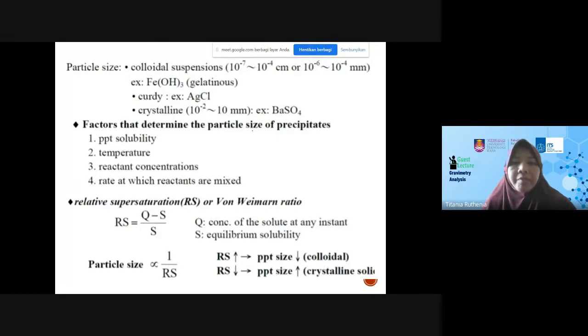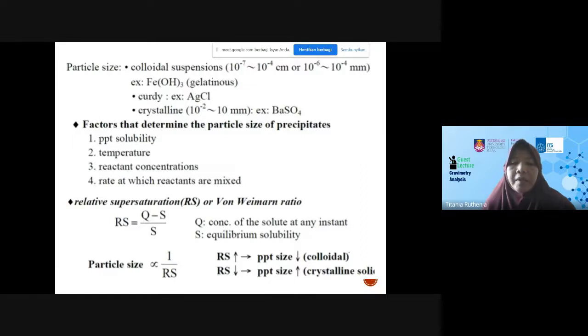Factors that determine the particle size of a precipitate: precipitate solubility, temperature, reactant concentration, and the rate at which reactants are mixed. And then this is the relative supersaturation, or RS. RS equals Q minus S divided by S. We have already talked about this, and the particle size is proportional to 1 over RS. So if RS is high, then the precipitate size will become small.